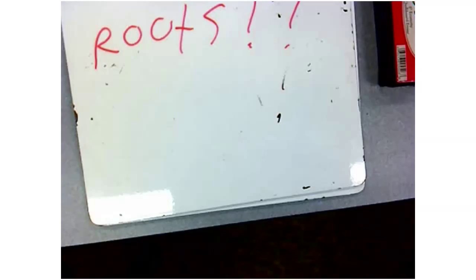So the absolute value signs are important because when you get the result of an odd power, for instance, the square root of x to the 6th would be x cubed, or in this case, the square root of negative 2 to the 6th is negative 2 cubed. You have to put it in absolute values because otherwise you will get a negative number, which we can't have under the square root.